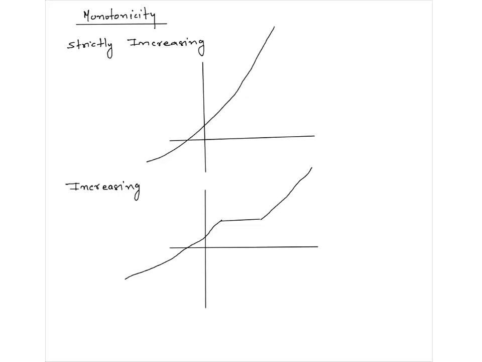In case of increasing, taking rest is allowed. It can stagnate. That stagnation is allowed. But fall is not allowed. If a function is increasing, it means it cannot fall.